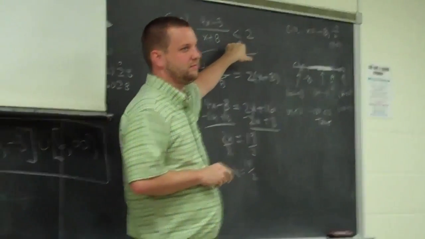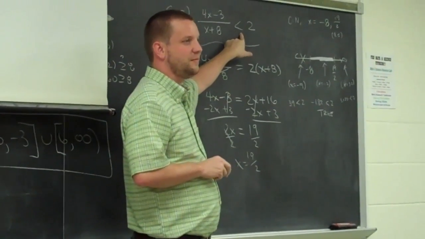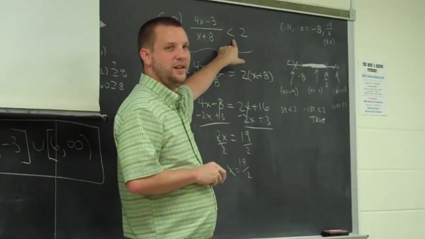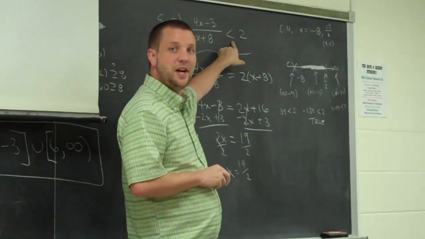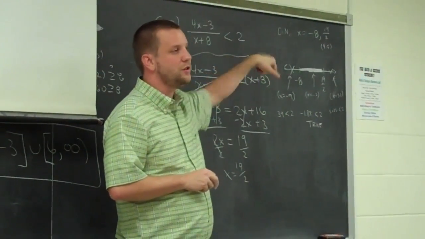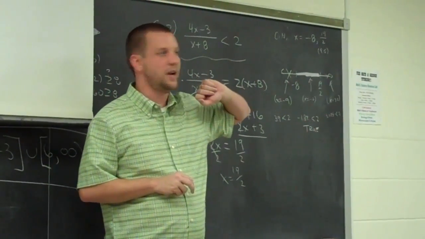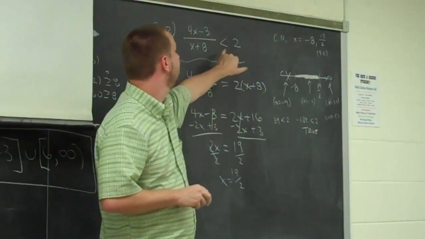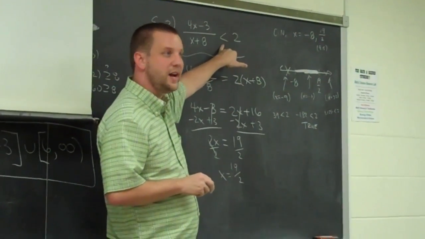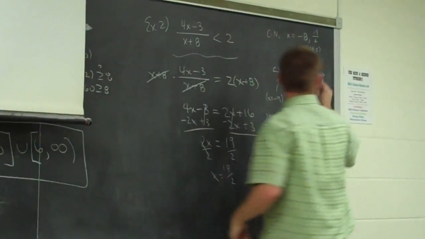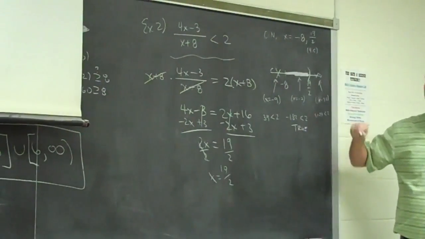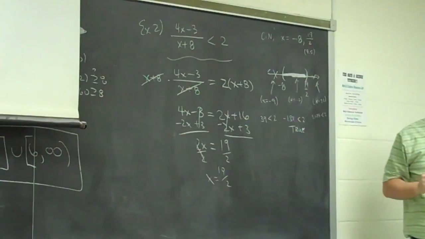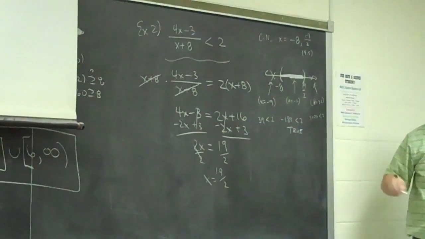Here's what happens like 102% of the time. If you're trying to solve an inequality, and it's plain less than or plain greater than like this, these critical numbers aren't going to get included. They aren't going to work. So no matter what, if you see less than or greater than and that's it, you know that's going to be a parenthesis there, and a parenthesis there, no matter what.